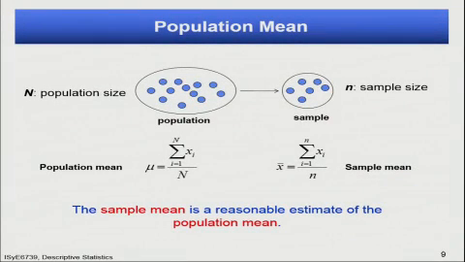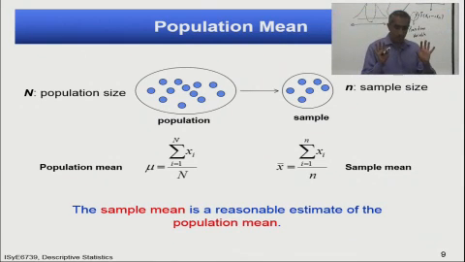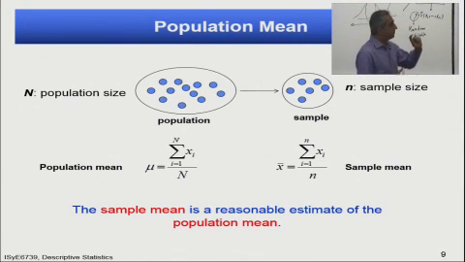This is important. We have two different concepts. One is population, the other one is sample. In terms of notation, this is very important.